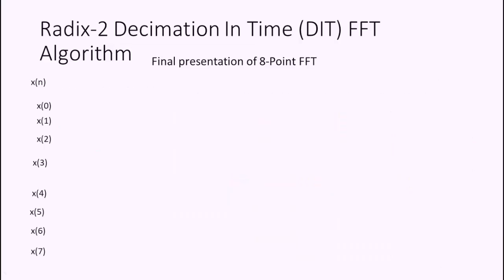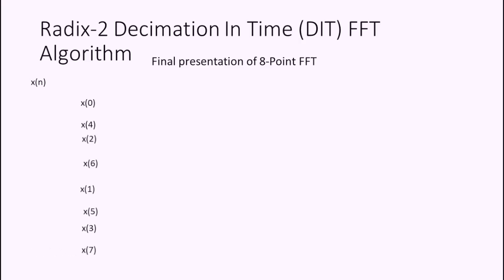Now this is the final representation of the 8-point FFT. We take the 8-point sequence of xn: x0, x1, x2, x3, x4, x5, x6 and x7. According to the bit reversal method, first we take x0, then x4, then x2, x6, x1, x5, x3 and x7.